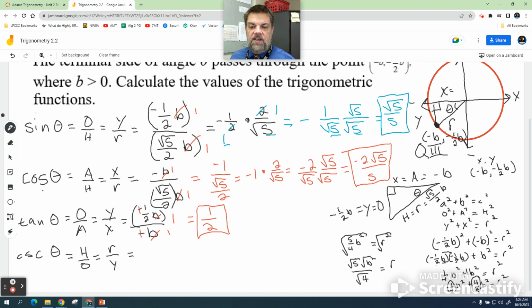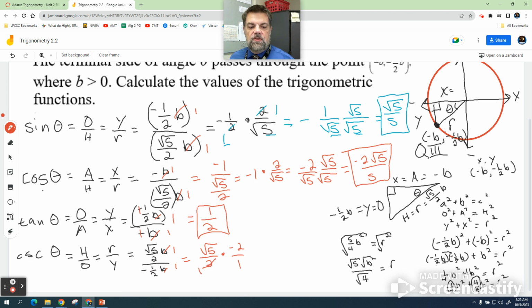So the radius was the square root of 5 all over 2 times b, and then the y value was negative 1/2 times b. The b's will cancel. B divided by b is just 1. And so for the next line, I've got the square root of 5 over 2 divided by negative 1/2, but really we're multiplying by the reciprocal, yes?